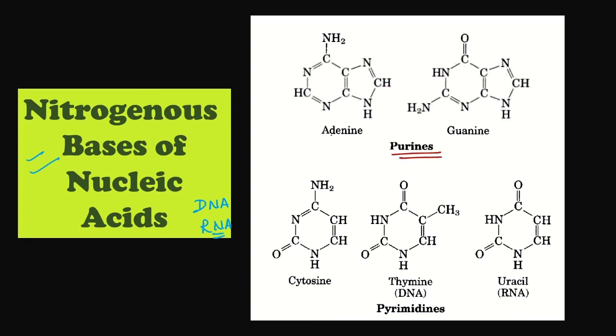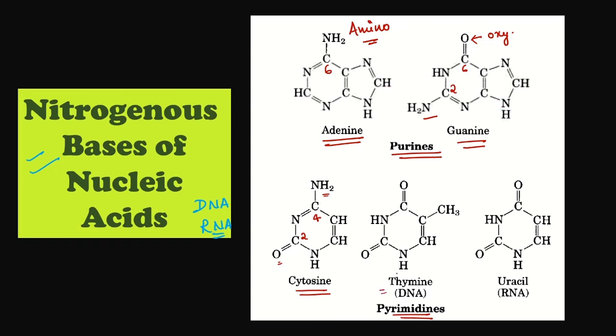This is purine. In case of adenine, there is an amino group on the 6th carbon, so 6-amino-purine. In case of guanine, there is an amino group on the 2nd carbon and oxy group on the 6th carbon. Okay. In case of pyrimidines, in cytosine, there is an oxy group on the 2nd carbon, amino group on the 4th carbon.